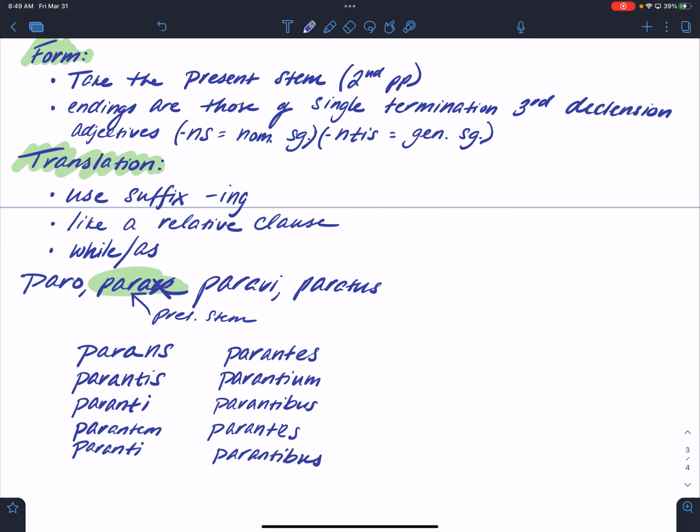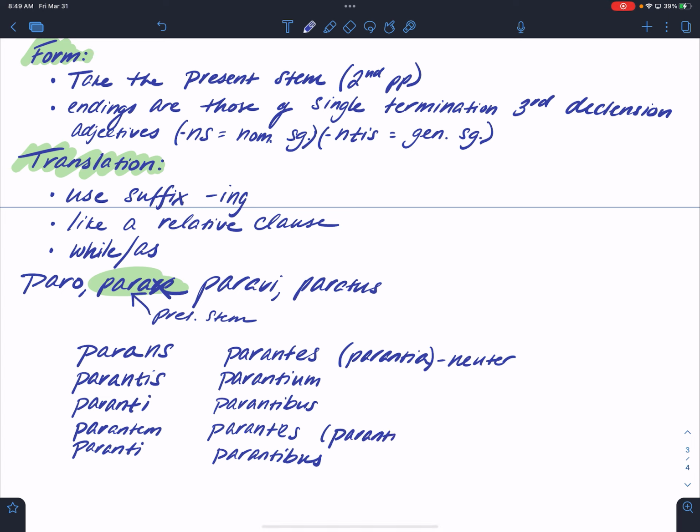Now just notice, in the neuter, the only change is that instead of parantes, it's going to be parantia in the nominative and the accusative, right?